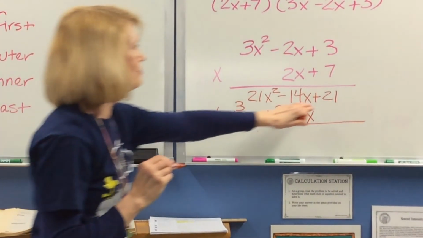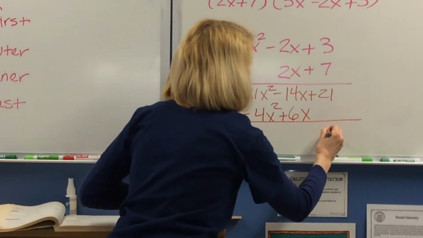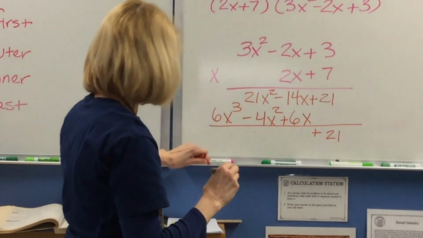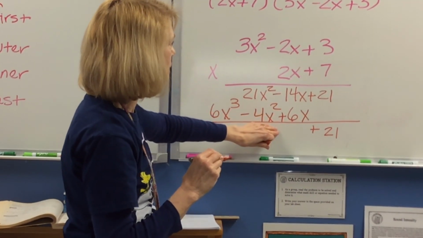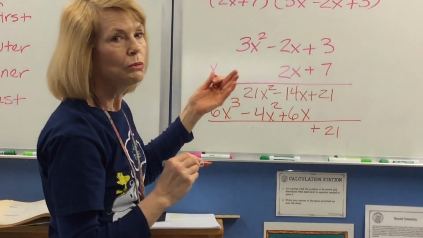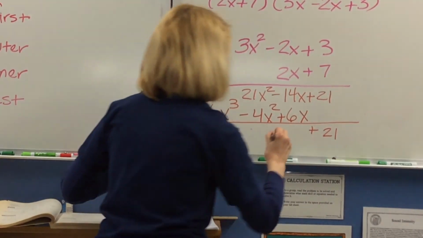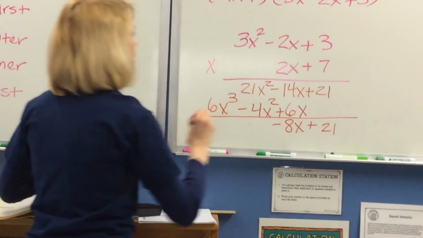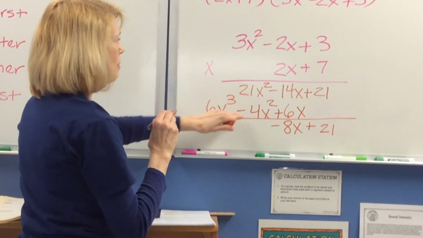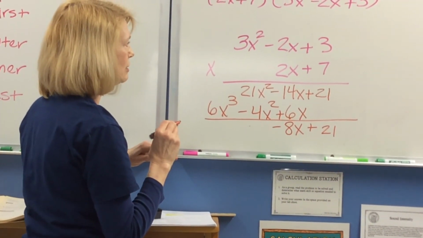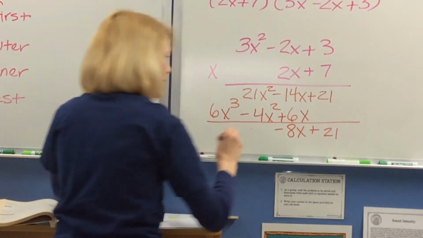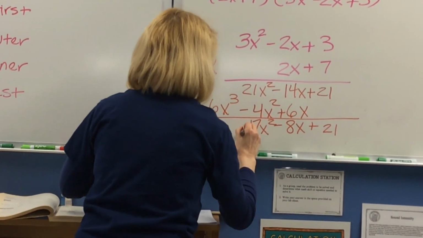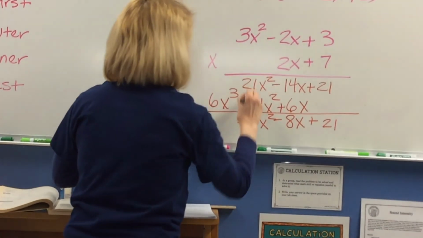Okay, so I have 21 down here by itself, so that's my constant. And I have minus 14x plus 6x, which is going to be minus 8x. 21x squared minus 4x squared is going to be 17x squared. And that's positive because this is bigger than that.